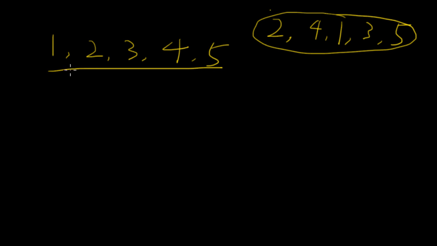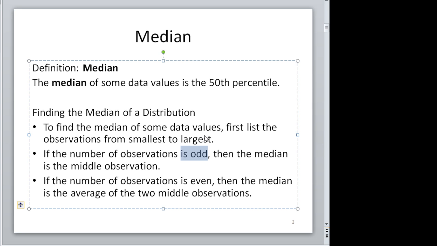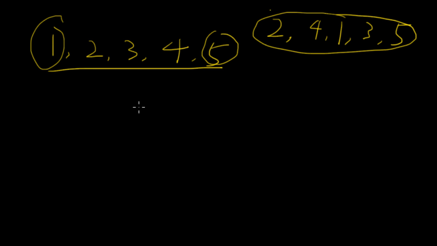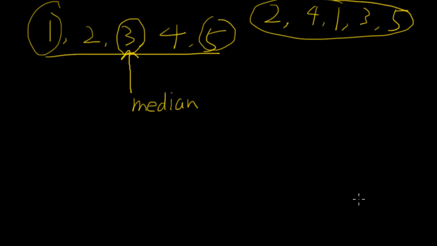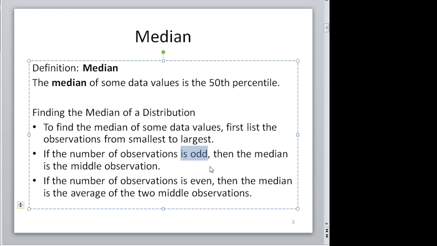Then you order it from small to large. Since there are 5 different numbers, and the observation count is odd, you pick the middle one, this number right here. That's going to be the median value. Simple.